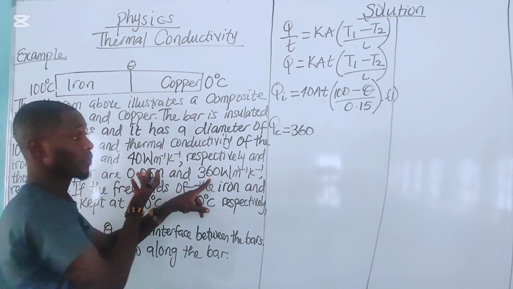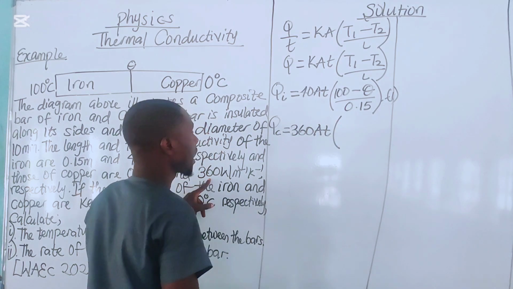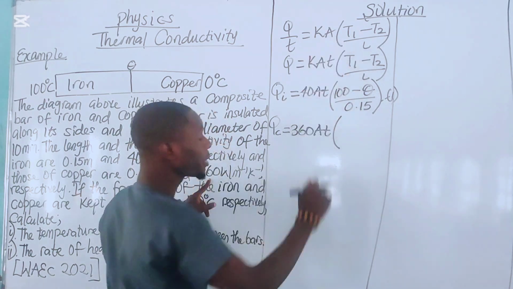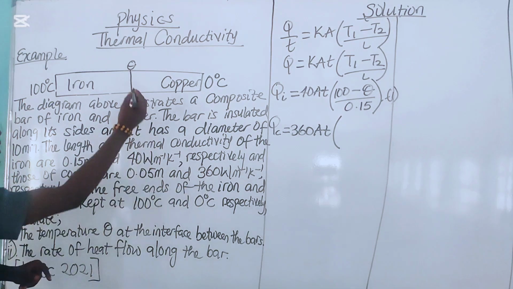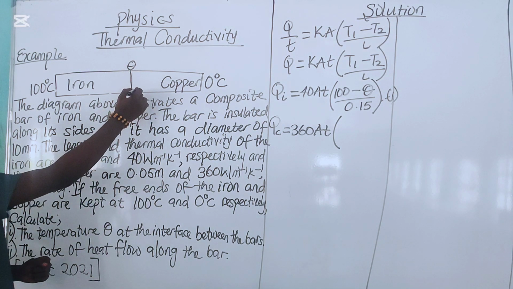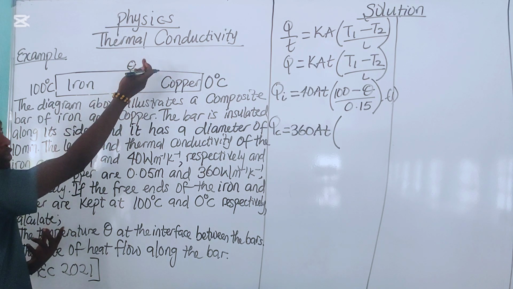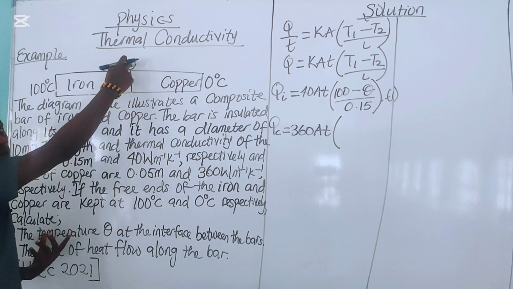Similarly, we are not given the area and time, so it still remains AT, multiplied by the initial temperature of the copper. That is the temperature at the interface, T1 for the copper, which we are not given, and it's the same as theta.